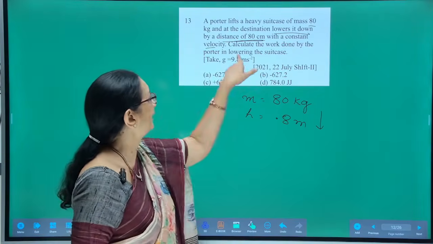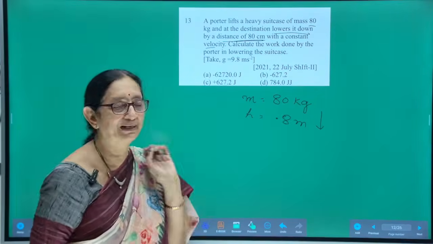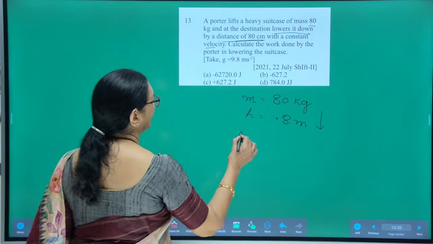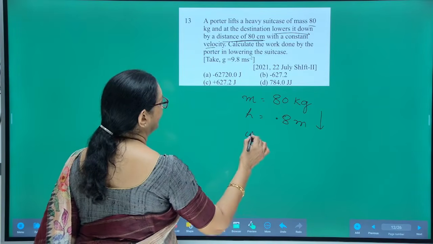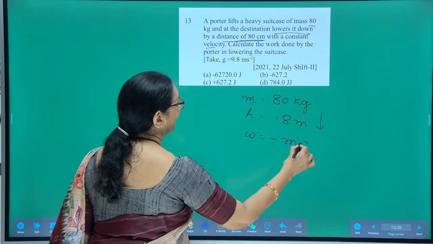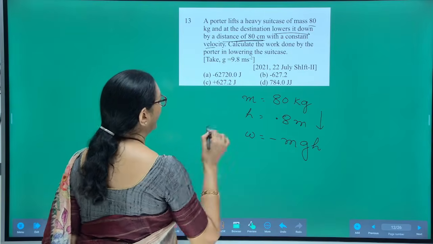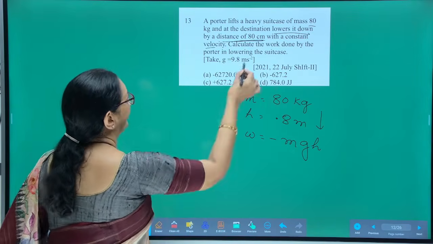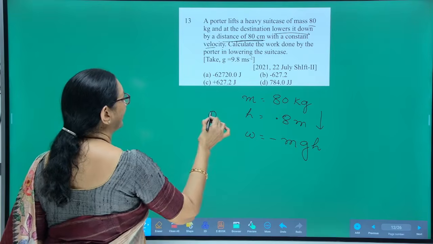Work done by the porter in lowering the suitcase. So, work done by the porter here is minus mgh, because he is lowering it with constant velocity.